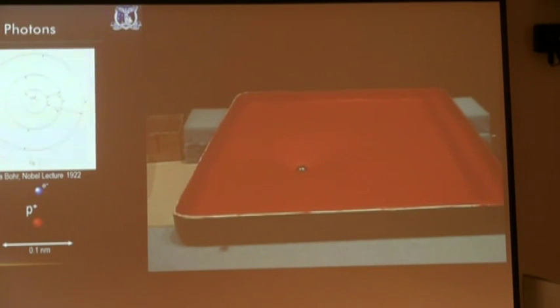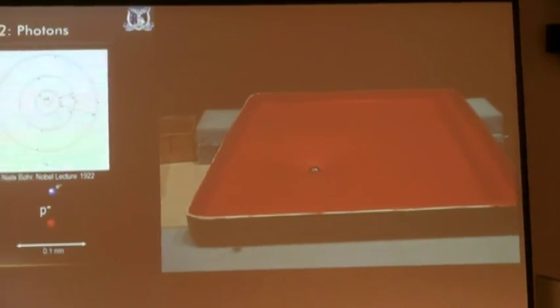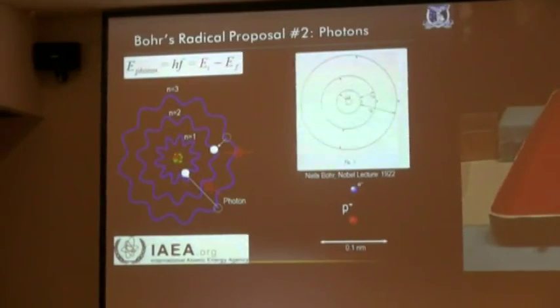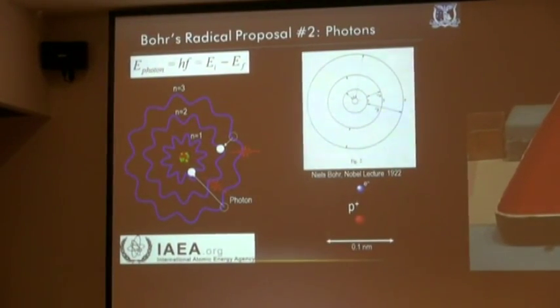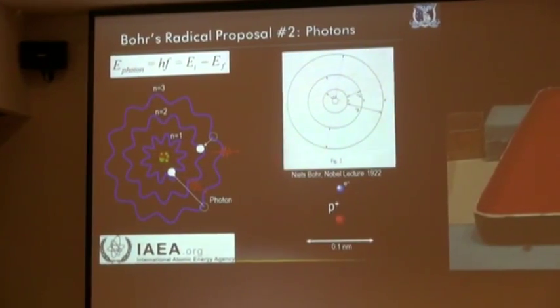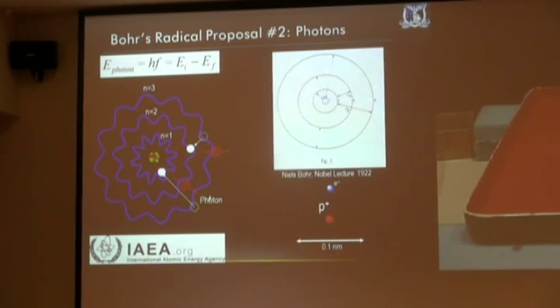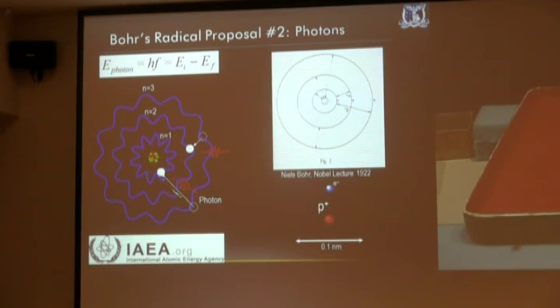So Bohr took this, he said, let's imagine these stationary states exist inside the atom, and imagine further that there's more than one of them at increasing diameters of the orbit, and let's then imagine that radiation, light, photons are emitted whenever an electron descends from a higher orbit down to a lower orbit between two stationary states.